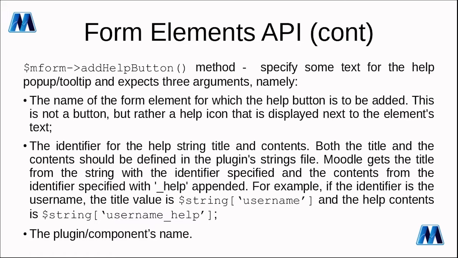So both the title and the contents should be defined in the strings file. So Moodle gets the title from the string with the identifier specified, and the contents from the identifier specified with an underscore help appended. So for example, if the title value is username, then the help contents will be username underscore help. And then the final parameter for add help button is the plugin component's name for where the strings would come from. Okay.